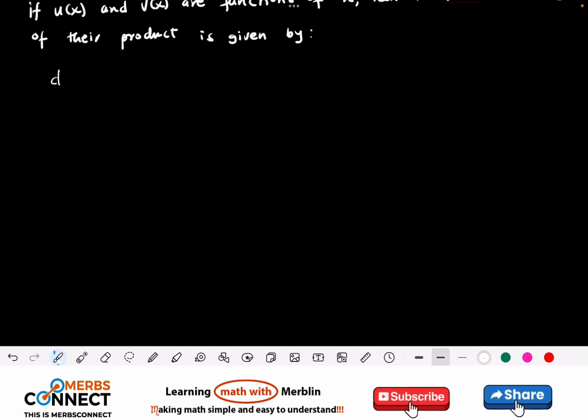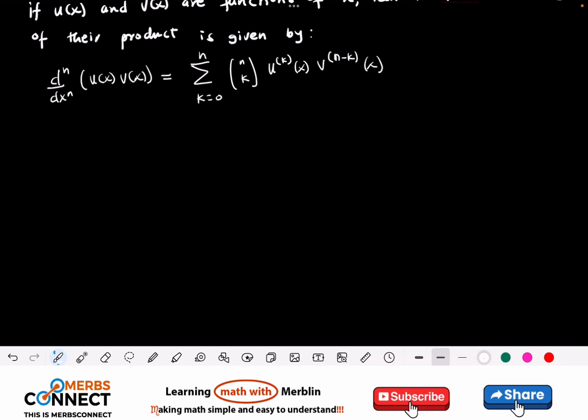So d over dx to the power n of u of x, v of x, is equal to the sum, k from 0 to n, n combination k, then we have u to the power k of x, and then v to the power n minus k of x, right?